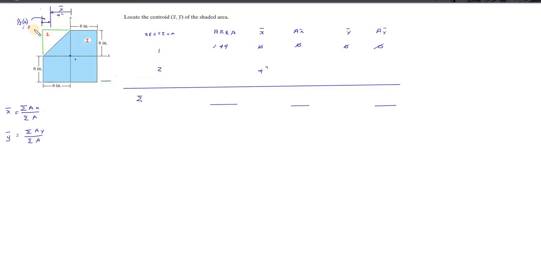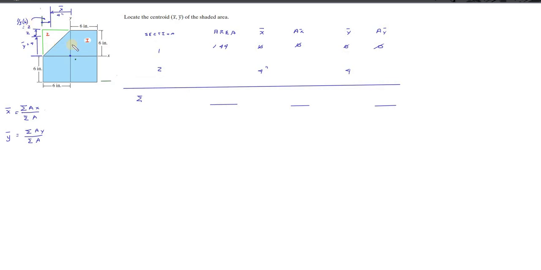And my Y bar, I know that I'm going to be going up a certain distance. That's going to be my Y bar for just this triangle. And again, we know that this distance here is 1/3 times 6, so this is also going to be 2, so my Y bar is also going to be 4.